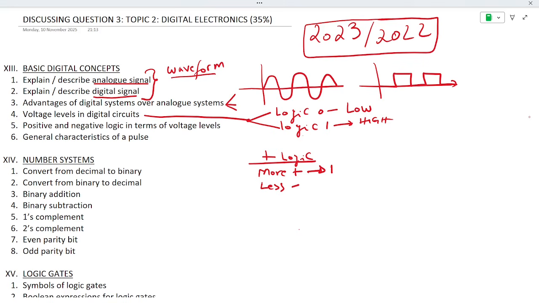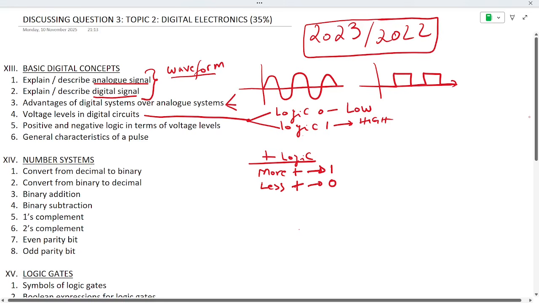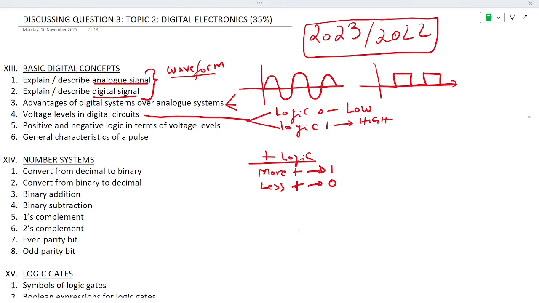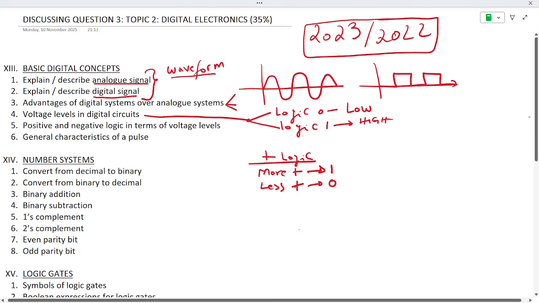When you have a less positive voltage, you're actually referring to a negative voltage. So a positive logic is based on the context that a more positive voltage represents a 1, and a less positive voltage represents a 0.